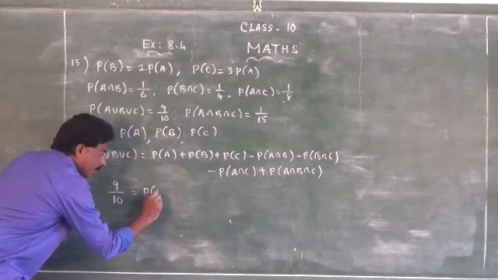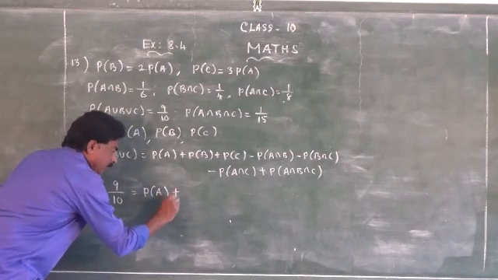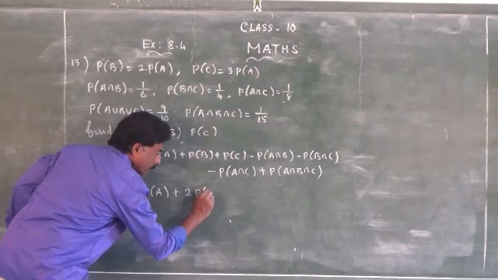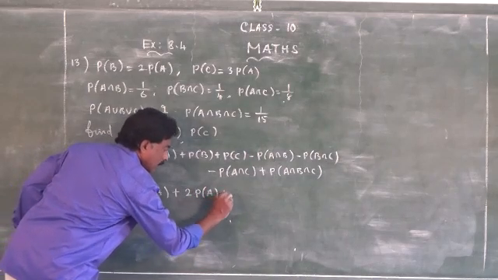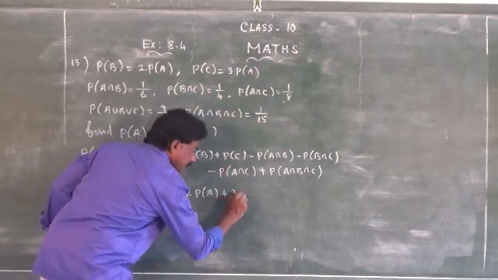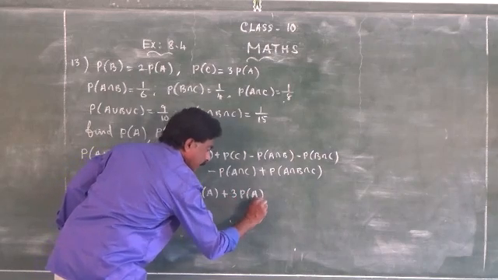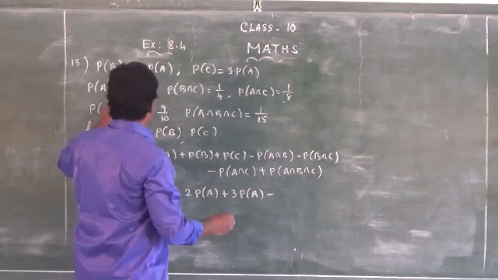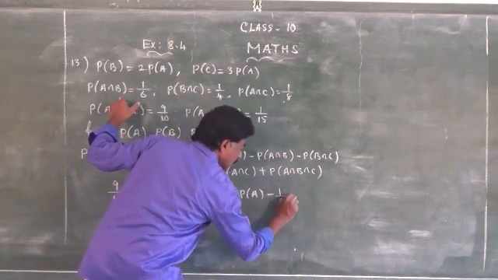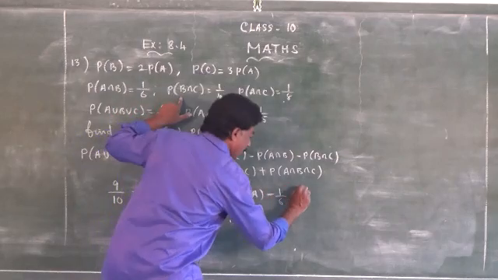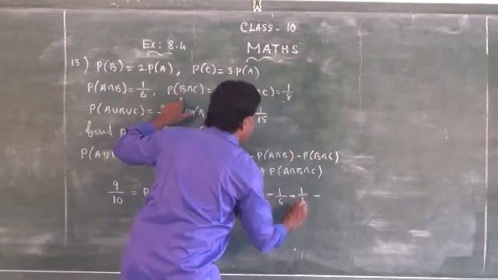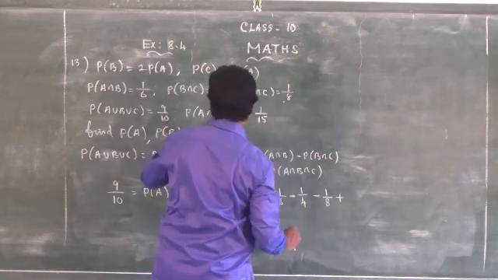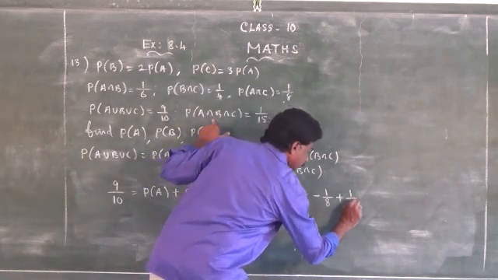P of A, and P of B you can write as twice P of A, P of C you can write as thrice P of A, minus P of A intersection B is given, 1 by 6, minus P of B intersection C is 1 by 4, minus P of A intersection C is 1 by 8, plus P of A intersection B intersection C is 1 by 15.